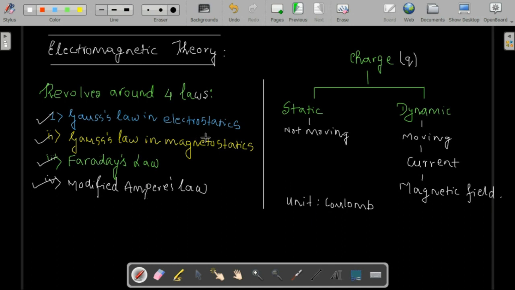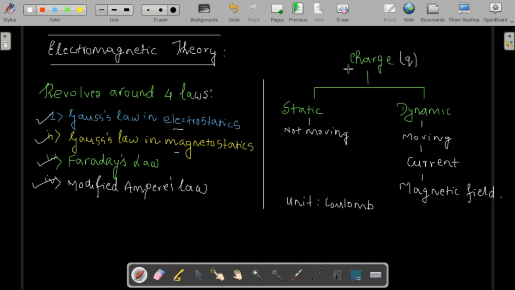You can see here, this is electrostatics, this is magnetostatics. Faraday's law is connecting electric field and magnetic field, and the modified Ampere's law is dealing with the current. So all these laws combined talk about the electric and magnetic field together, and that's why it is called electromagnetic theory.